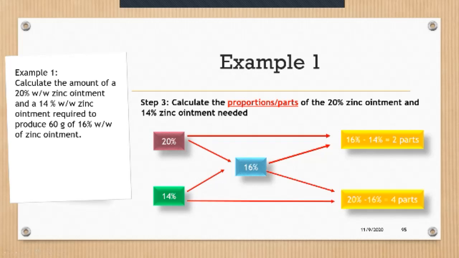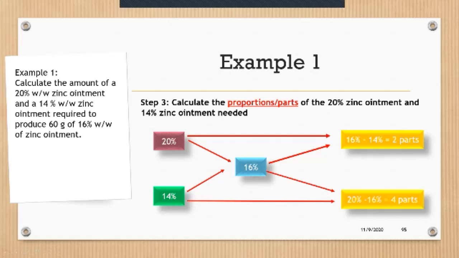So let's go again. I write the 16 in the middle, write the 20 here, 14 here. I go across to do a subtraction, and you're also always going to get an absolute number, not a negative number. So even if this is 16 and this is 14, you subtract to see what the difference in the percentages are, and you get 2 parts.